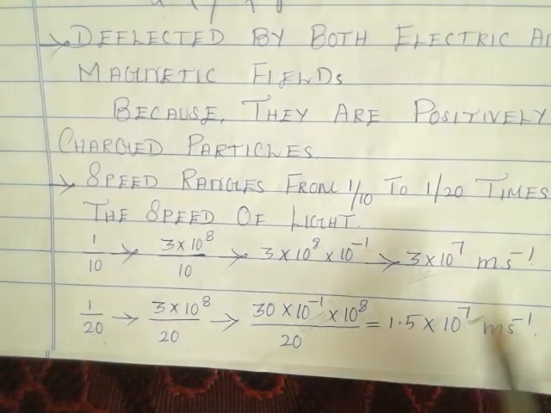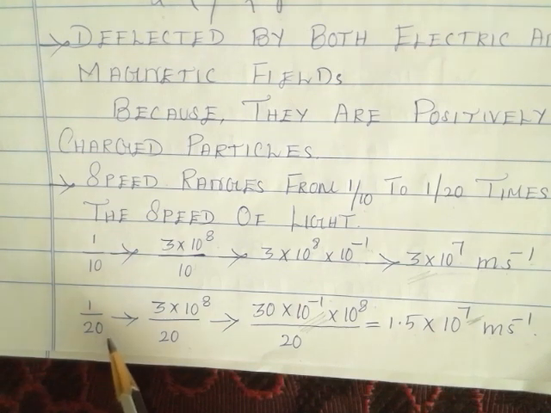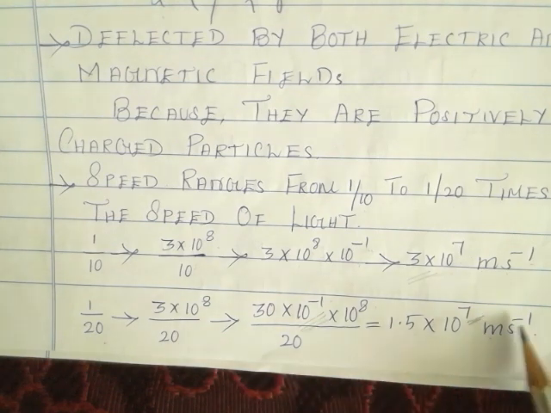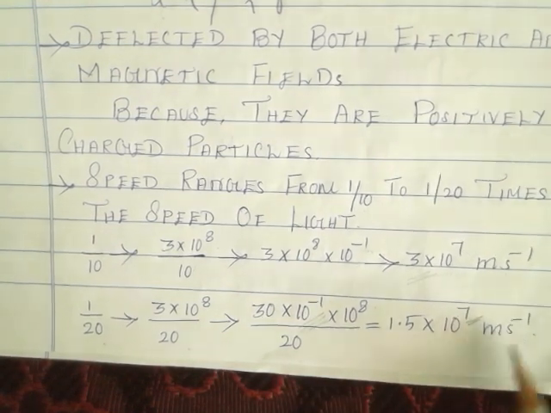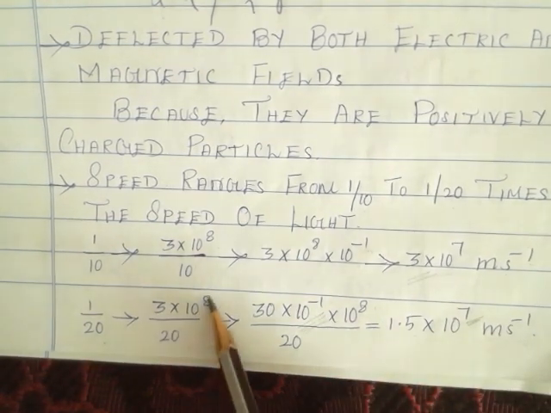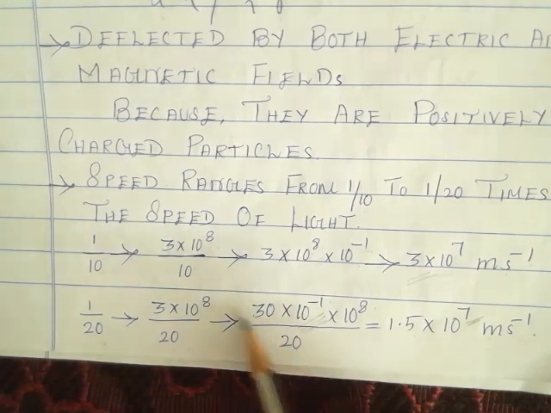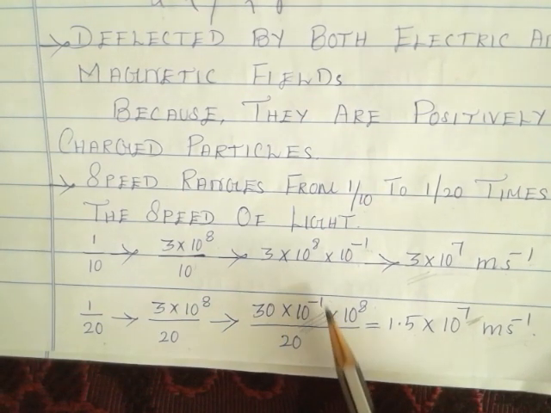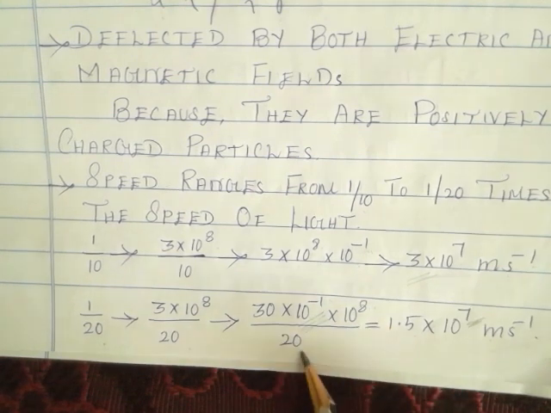And the end of the velocity range, that means the speed of alpha radiations at 1 by 20 times the speed of light. That equivalent value in meter second power minus 1 is 3 into 10 power 8 by 20. Then for our convenience I will write this 3 in terms of 30, then into 10 power 1 minus 1 will come, into 10 power 8 divided by 20.